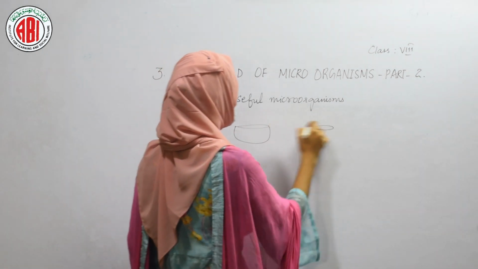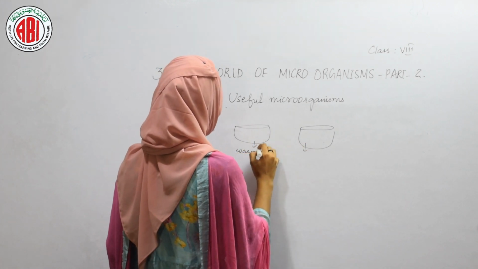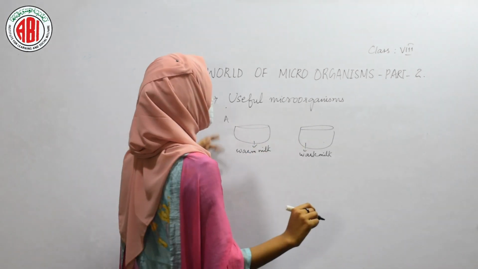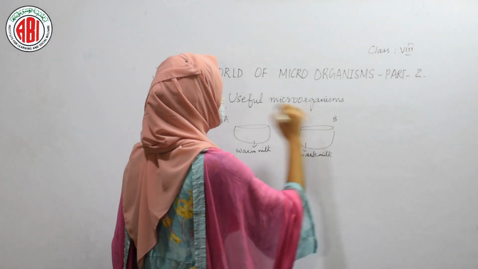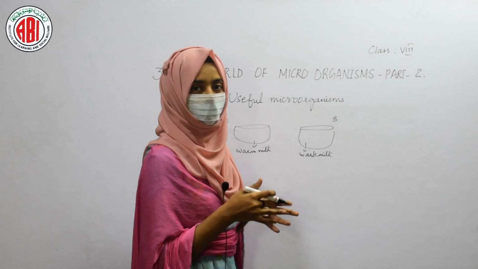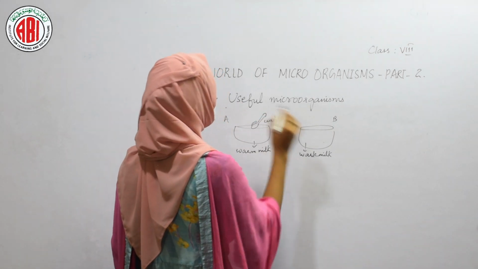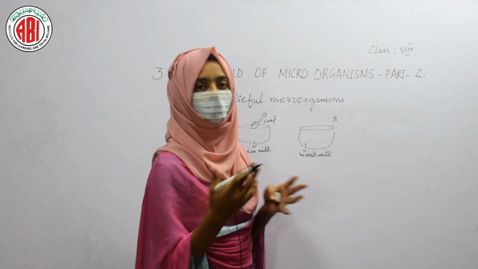Let's take two bowls and in both of these bowls take some warm milk. Let the first one be A and the second one be B. In bowl A, add one spoon of curd, and in bowl B we are not adding anything.